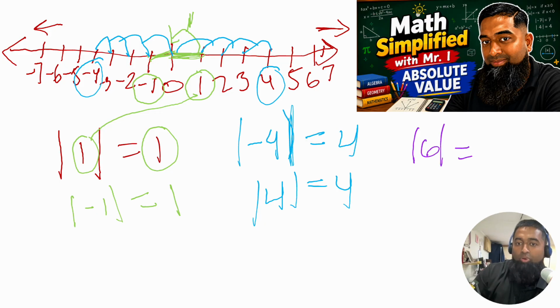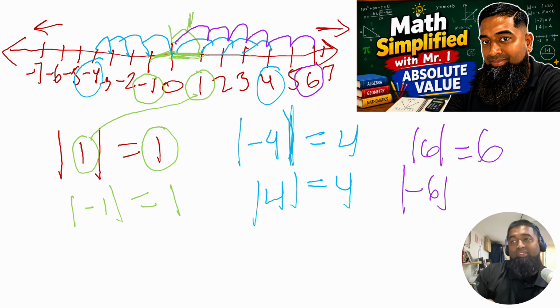Okay, pause the video right now. Okay, unpause it. This is where you should be telling yourself, what is it? You look at 6, I circle 6, and then I say 1, 2, 3, 4, 5, 6. So 6. And then if I were to tell you the absolute value of -6, you can pause it and unpause it.